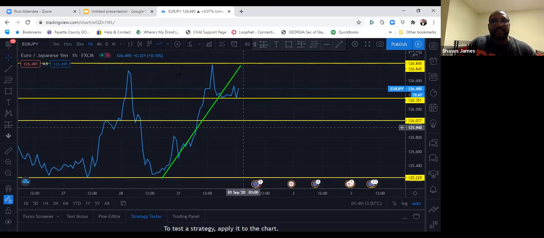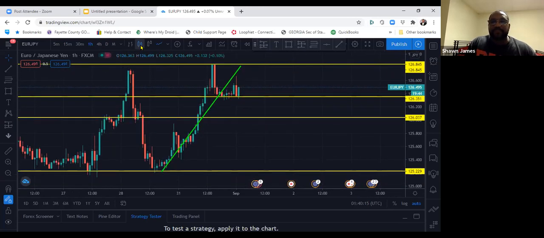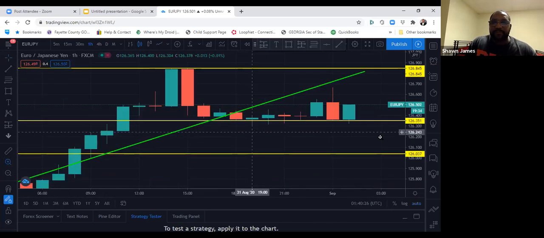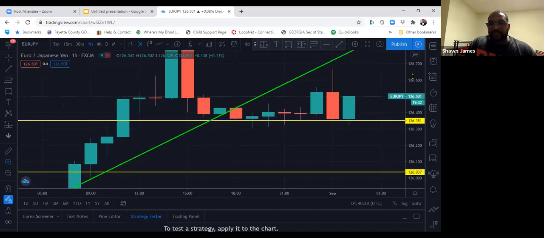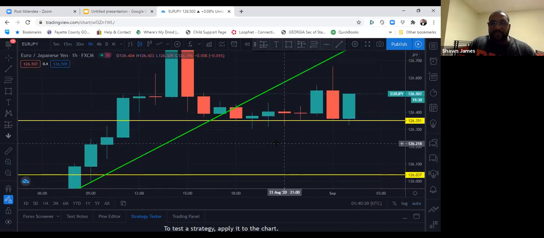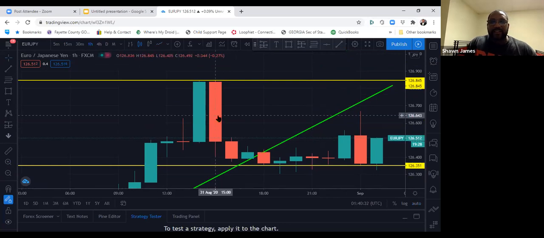Let me move it to candles. So see, look, it came up with a high candle, boom, this other candle side by side. Let me blow it up even more. Look, these two candles are side by side. It rejected.